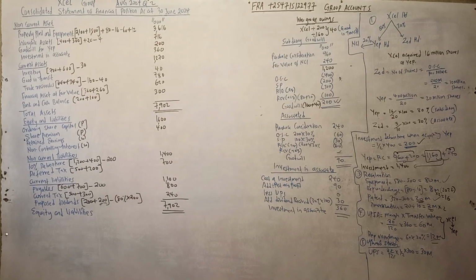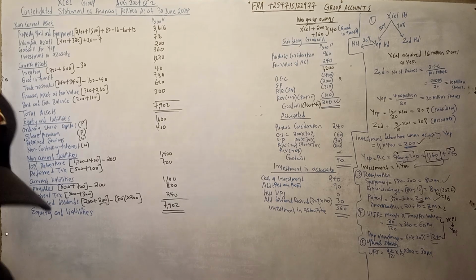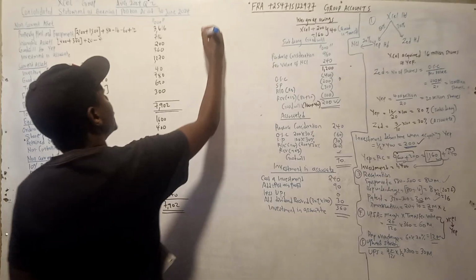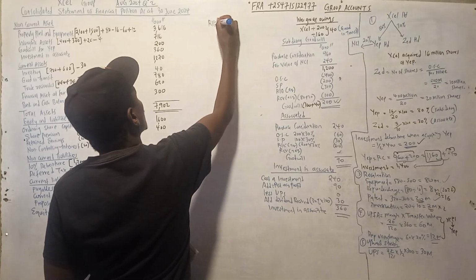So I think now we can open the retained earnings account and the NCI account.